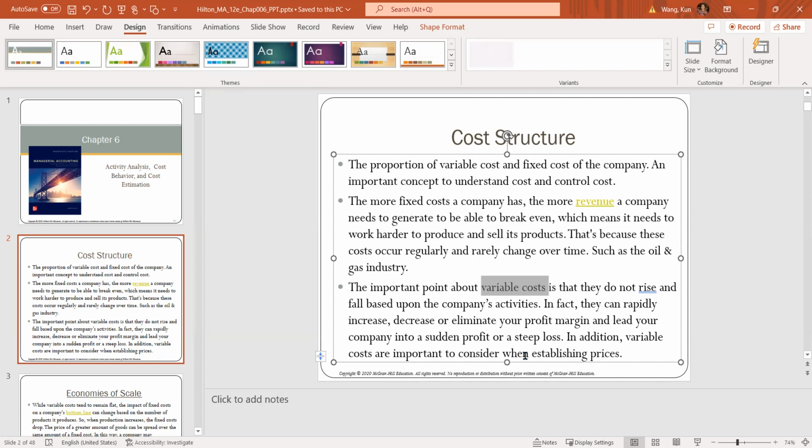So imagine these companies will survive more easily when the economy has hardship, like in COVID-19, two or three years of it. Companies with more variable cost survive more easily than companies with mostly fixed cost, because their profit is much less sensitive to the sales change, right?